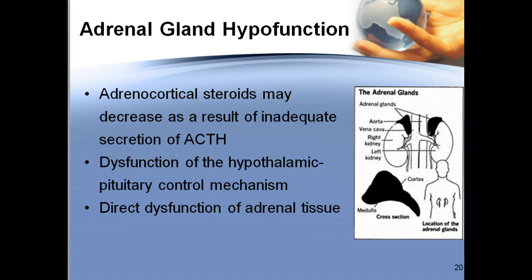Then next, we're going to talk about people who have adrenal gland hypofunction. Adrenal corticosteroids may decrease as a result of inadequate secretion of ACTH, which is the adrenocorticotropin hormone.